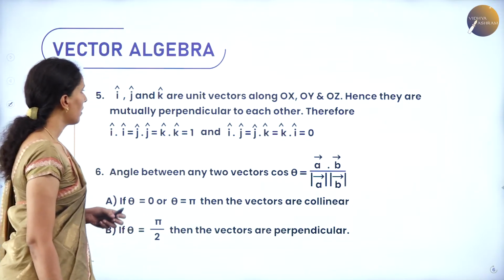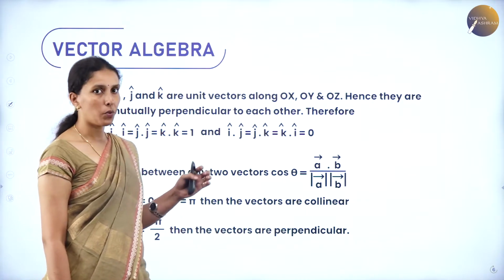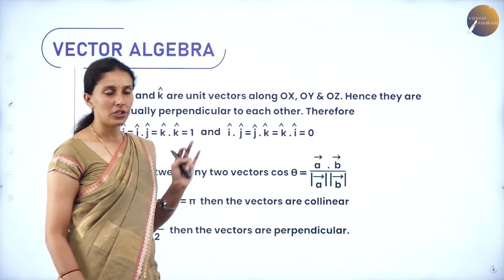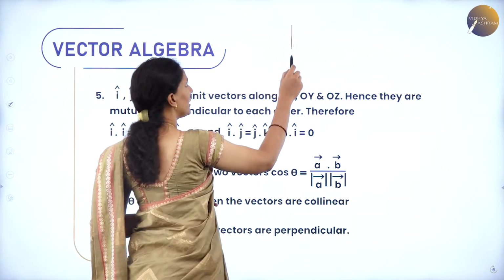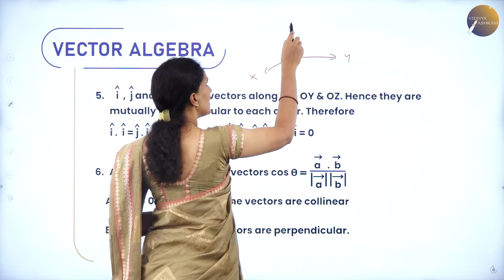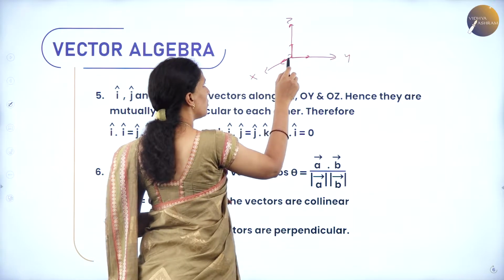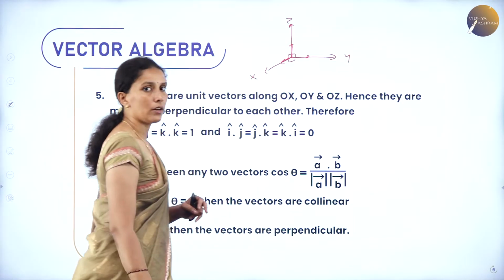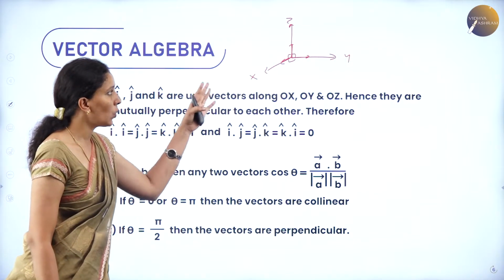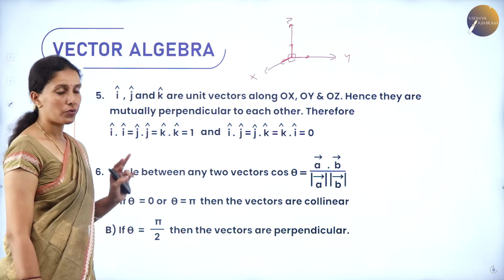Next, i, j, k are the unit vectors along OX, OY, OZ, and they are mutually perpendicular to each other. We know that in any three-dimensional axis system, that is X, Y and Z, i, j, k are mutually perpendicular to each other. They are the unit vectors which are mutually perpendicular along OX, OY and OZ. Then what is the dot product of those vectors?